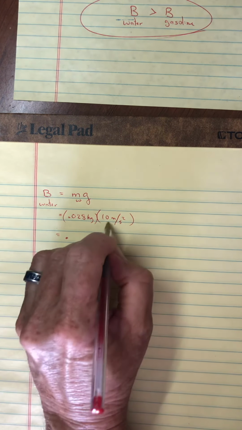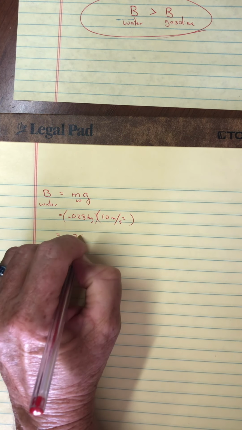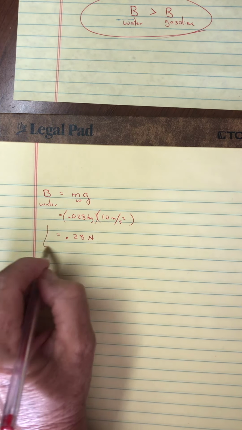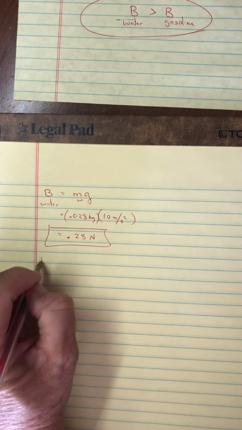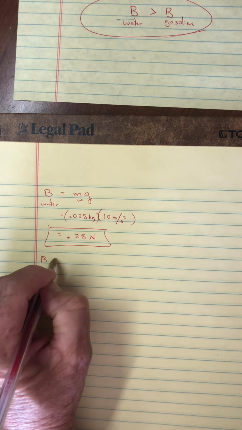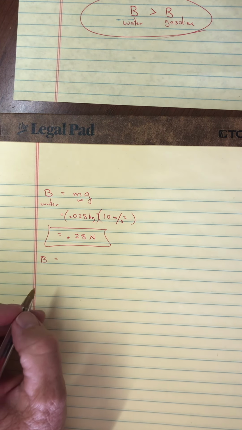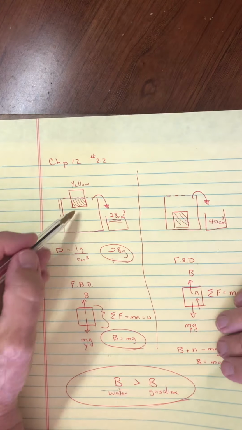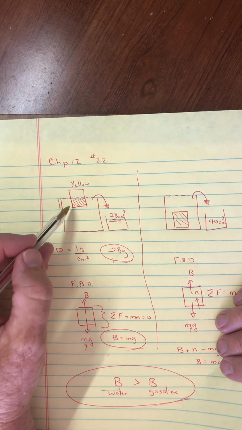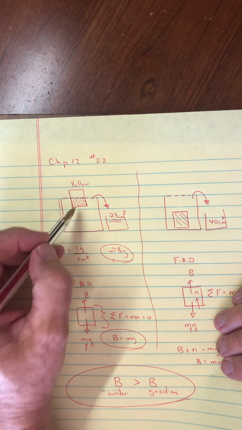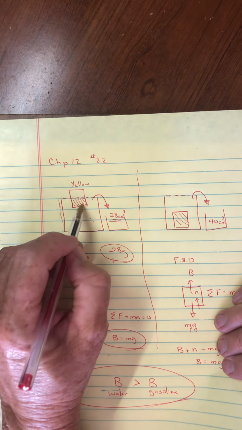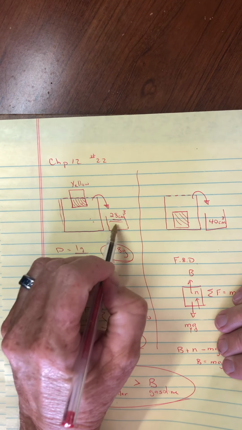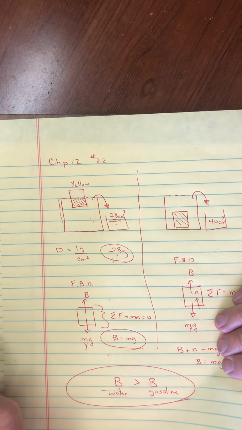And so 10 times this makes 0.28 newtons. So there would be the buoyant force on the yellow object coming from the water, because it's equal to the weight that has been displaced, and what has been displaced is equivalent to that volume, which is how we got that.